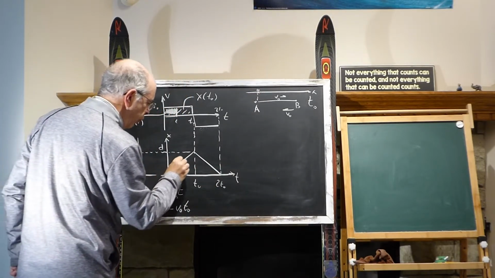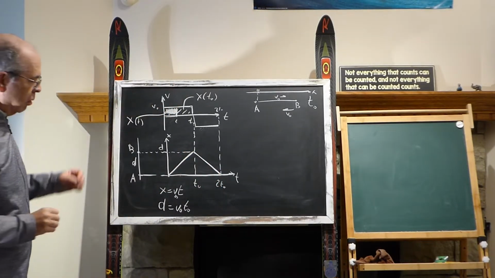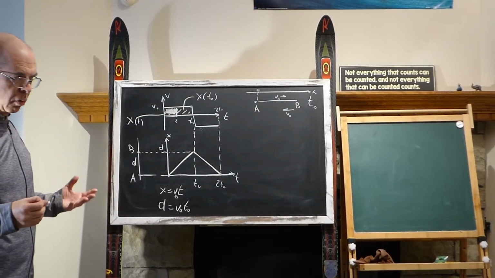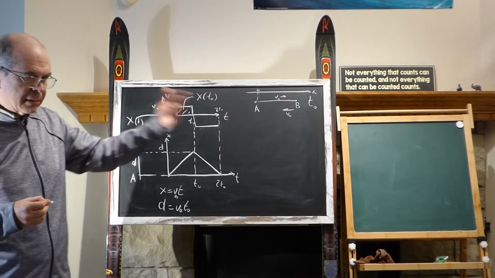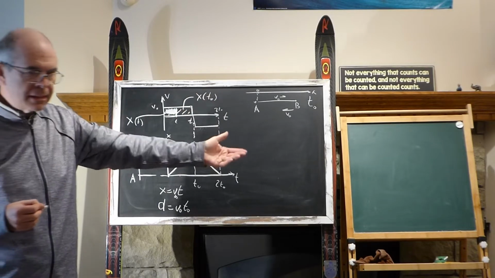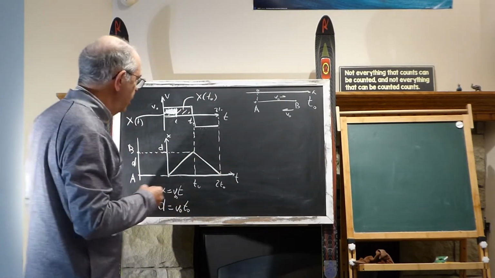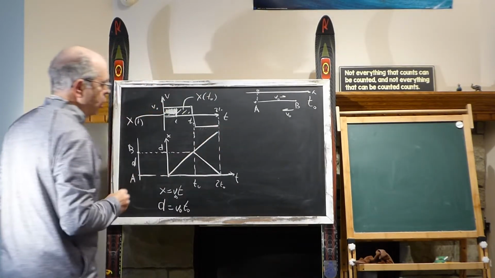So the graph of x goes up and down. But the distance that we cover cannot go down. We travel to school, and then we go back, and it's double distance. You pay for the gas twice, you pay for the bus ticket twice, and if you walk, you spend twice as much energy, because the distance can only grow.